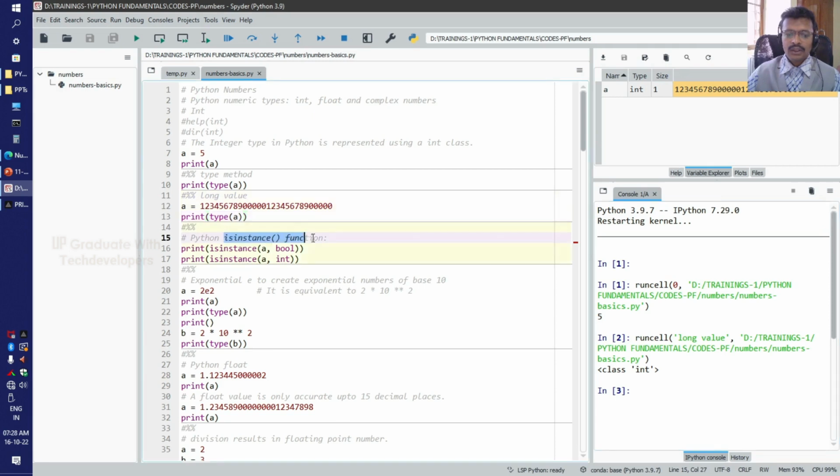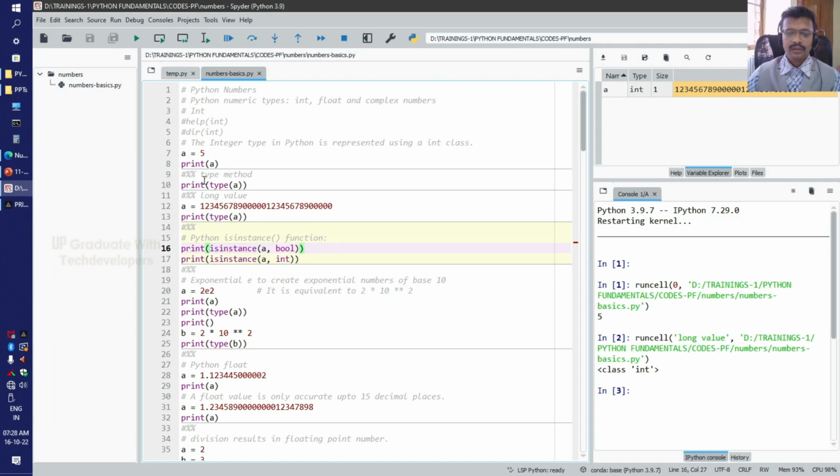Next we have the isinstance function. The isinstance method returns true or false based on whether the construct belongs to that class. Suppose we want to check whether the integer value entered belongs to the class integer or not, we can use the isinstance method.